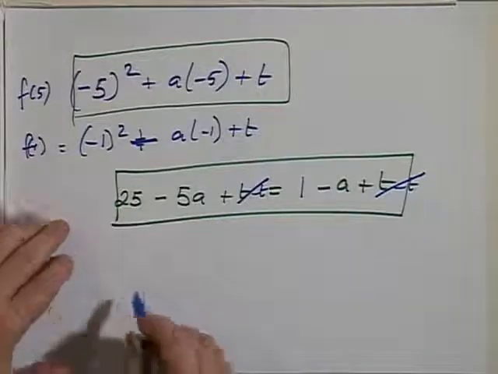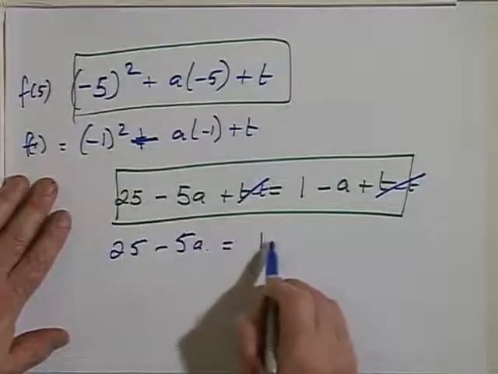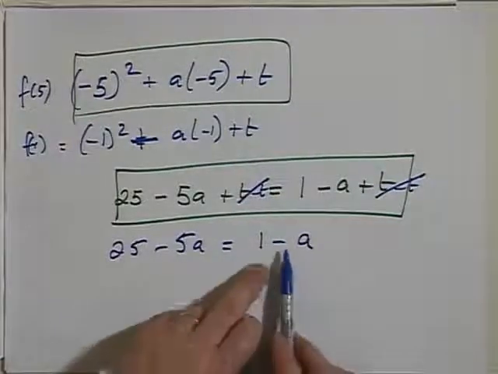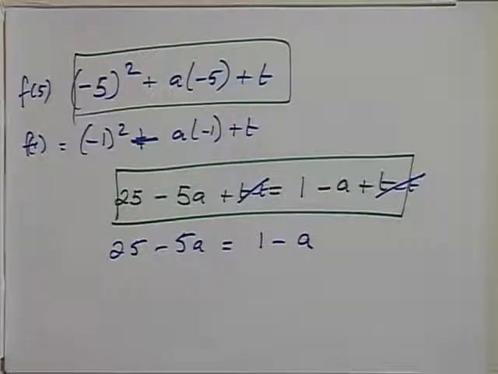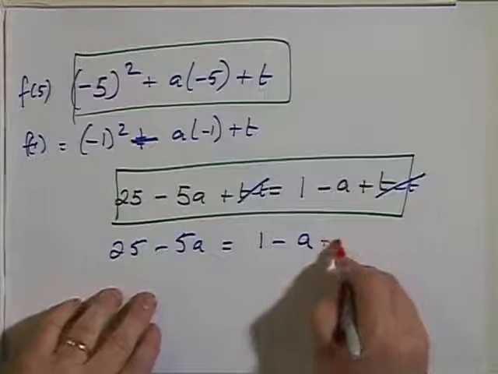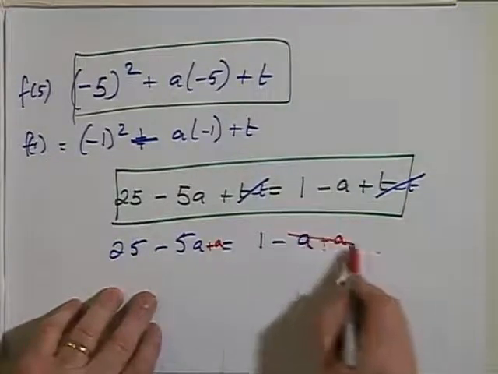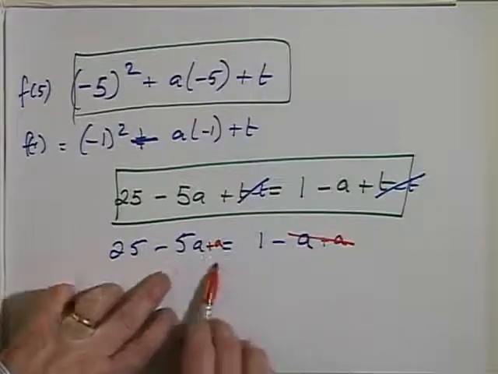If we take a number across, 25 minus 5a equals 1 minus a, we say, I don't really like this minus a here. How would I get rid of it? Well, I'd call it a plus a here, and therefore a plus a here. And look what's happened. The a has come over here as a plus. That's all that's gone on.